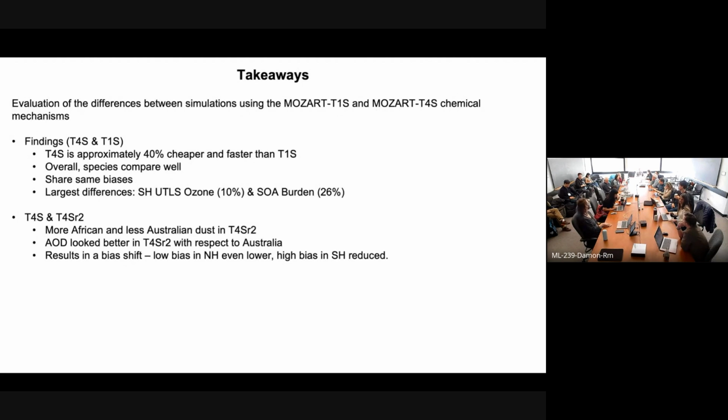Mhm. And another thing is I compared the cost. And as you're using CAM7, so it's SE grid. Yep. So your cost is a little bit more than double my cost. I'm running 70 level WACCM, and you're running 93 level CAM.